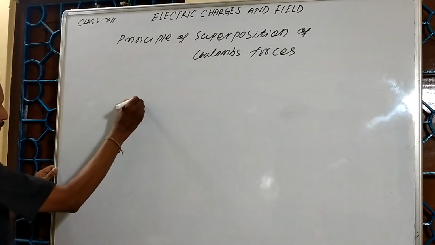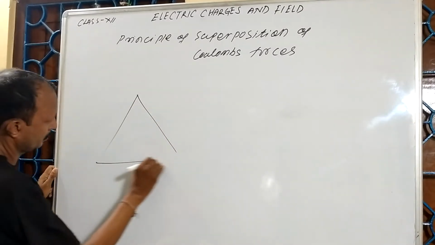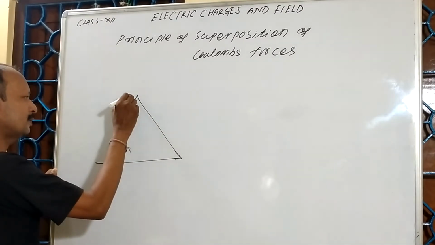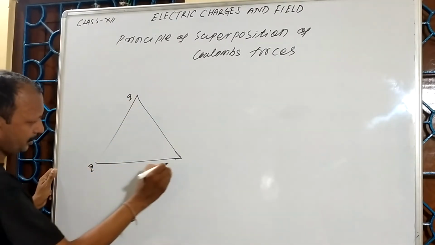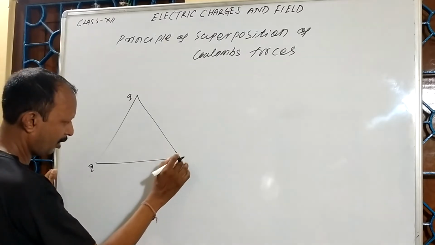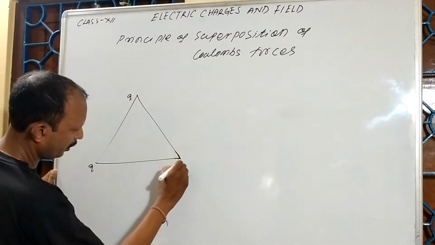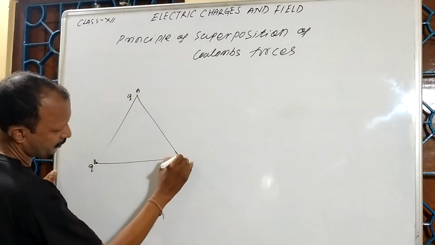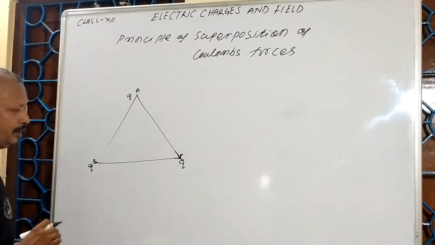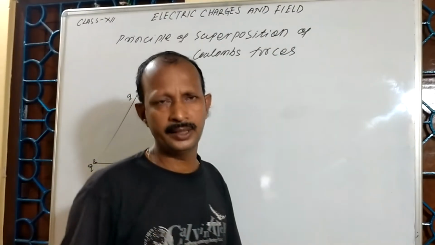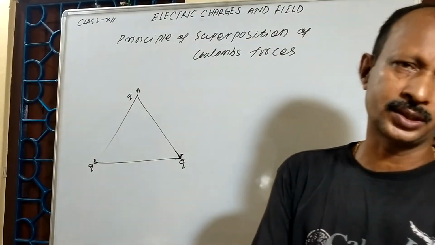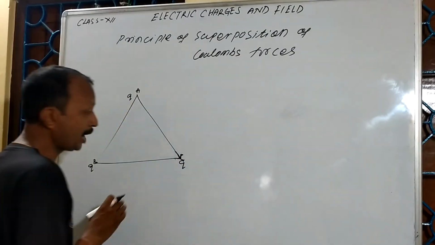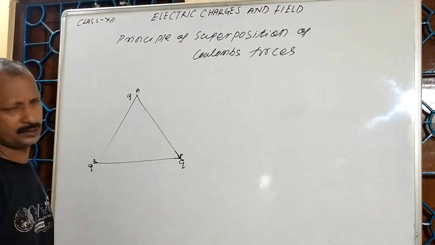Three point charges are present at three vertices of an equilateral triangle. Suppose this is vertex A, this is vertex B, vertex C. All are equal charges. You have to calculate how much force acts on any point charge.